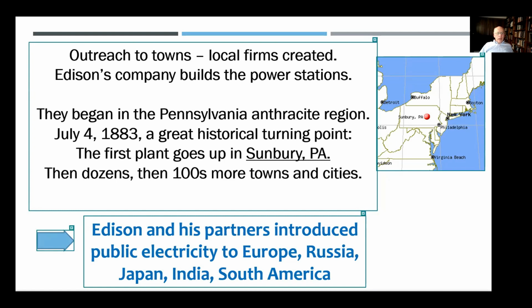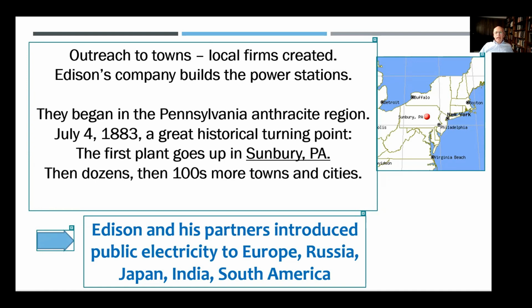And this was the beginning of electricity for the people of the world. They had used electricity in certain applications like telegraphs, but that wasn't electricity that people could use. It was just on the wires of a company.